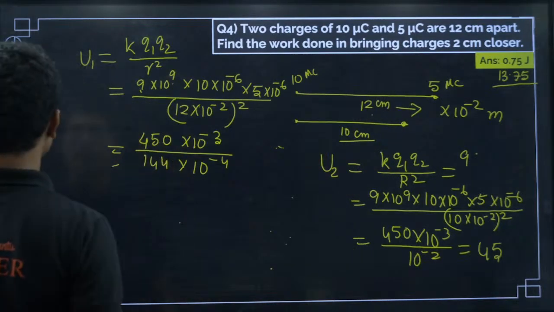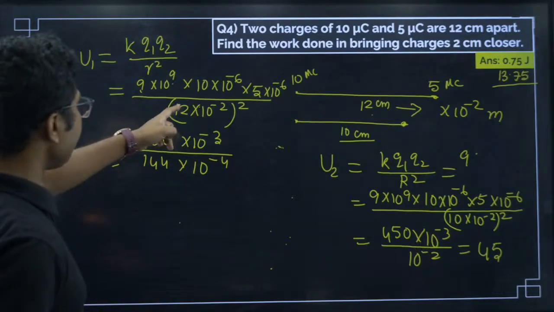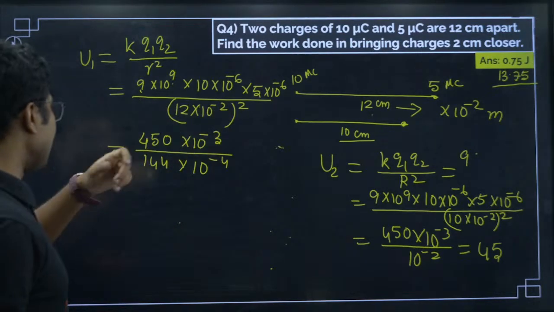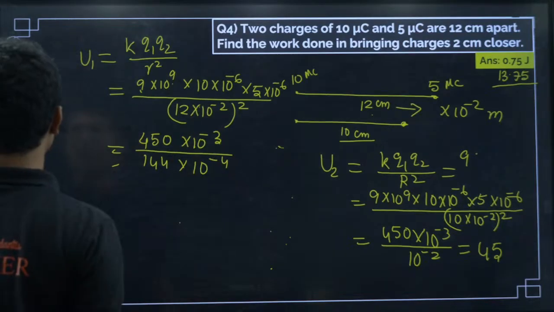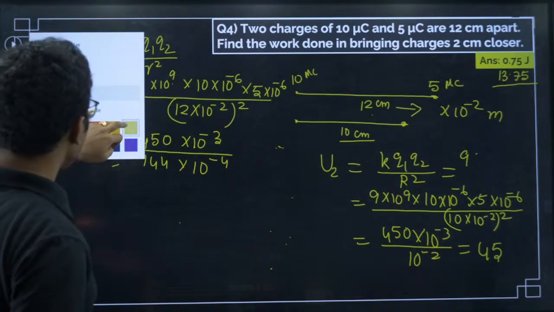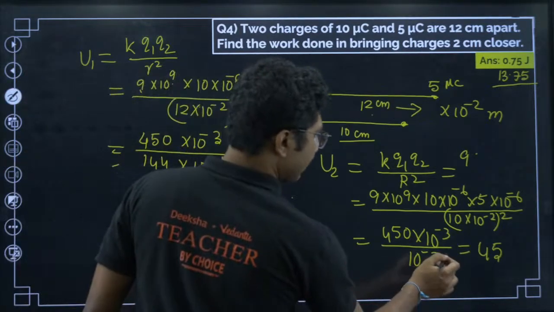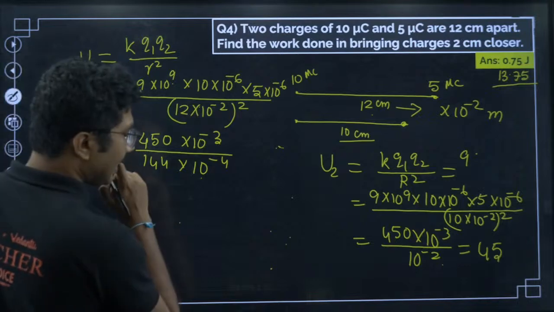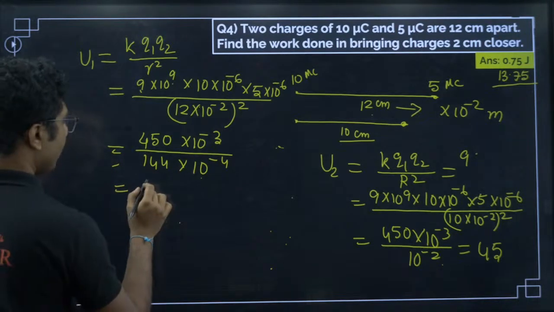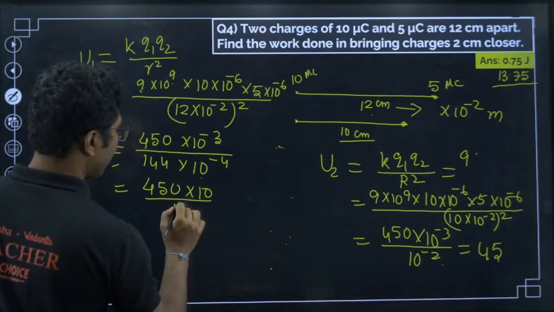So 450 into 10 to the power of minus 3 divided by 12 centimeter into 10 to the power minus 2, that is 144 into 10 to the power minus 4. So this minus 4 will go up. Now what we will do, we will take this as common, 450 into 10 divided by 144.